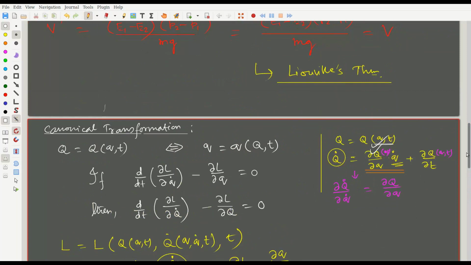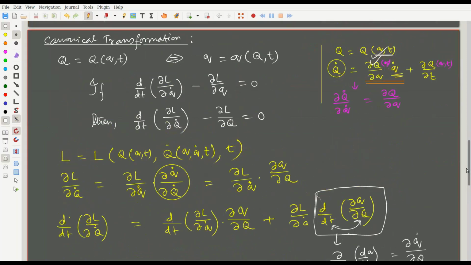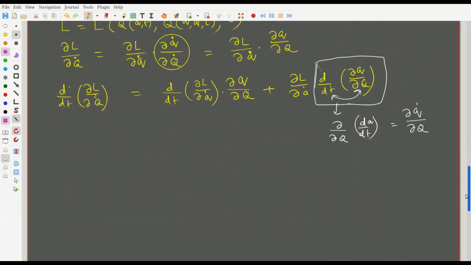So these are my two small comments, but most of you did it correctly. And the message was that if Lagrange's equations were valid in my old coordinate system, then they are also valid in the new coordinate system, and you do not have to rederive Lagrange's equation again and again. You can just write it.